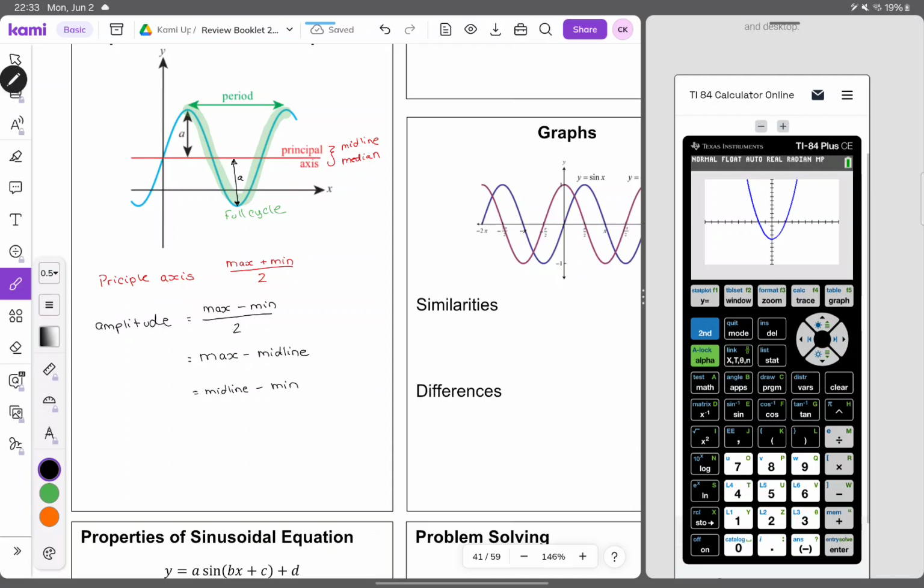Or if it's literally given on the graph, you can count up from your midline to your highest point and see how many it is. Other values that we always talk about: our max value, sometimes called a crest because it's the top of a wave. We talk about the min value, also sometimes called the trough because it's the bottom of a wave.